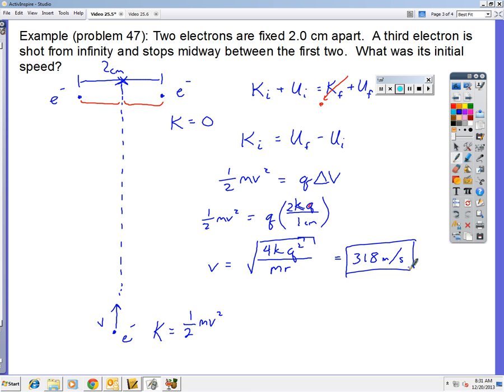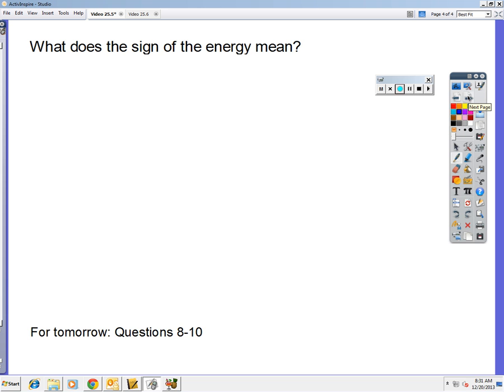Basically, it's just a conservation of energy problem, but with electric potential energy. And now we have to ask, what does the sign of the energy mean? Now, I told you at the beginning of the video that if the charges have the same sign, the energy is greater than 0.